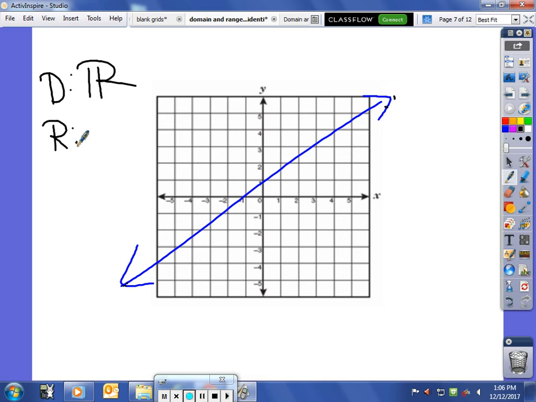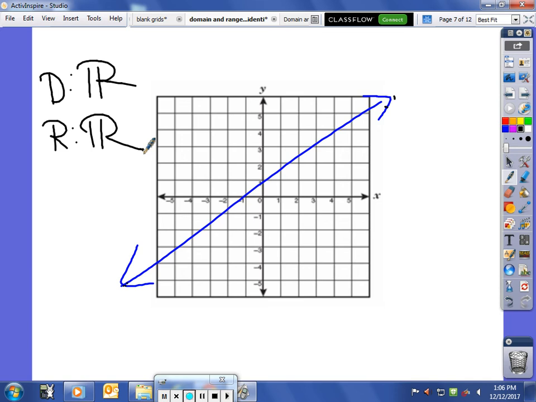What do you see at the top? An arrow. What do you see at the bottom? An arrow. What's the range? All real numbers. If you see an arrow where you're looking, that means it never ends. It never ends at the left or right, and it never ends at the top or bottom. The y values go on forever as well as the x values.